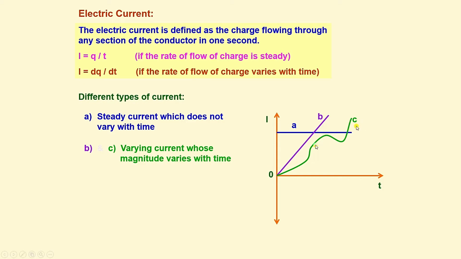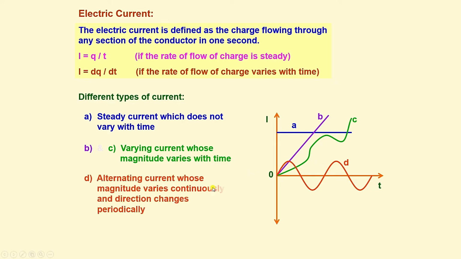Lines B and C represent the varying current, whose magnitude varies with time. Next, this red line shows the alternating current, whose magnitude varies continually and direction changes periodically. Here magnitude is changing and direction is also changing periodically. That type of current is alternating current.